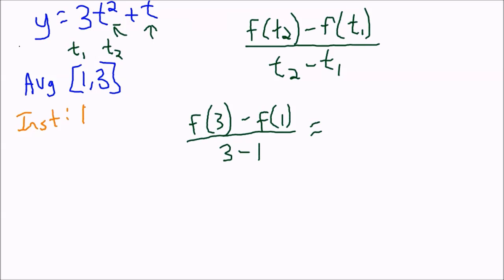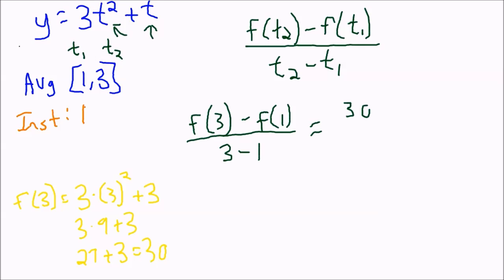When I say f of 3, I'm saying 3 times 3 squared plus 3. So 3 squared is 9, so 3 times 9 plus 3. 3 times 9 is 27. 27 plus 3 is 30. So this first value here for f of 3 is going to be 30.